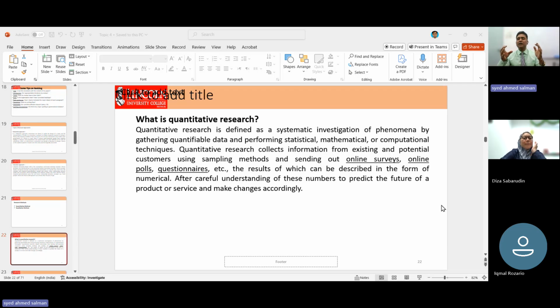Now you are going to interpret the results: 5%, 10%, negative, positive, how many males, how many females, how many educated, how many illiterate. Everything you are going to describe in your study. This is called quantitative research. Quantitative research is all about numbers, mathematics, statistics, and computers.